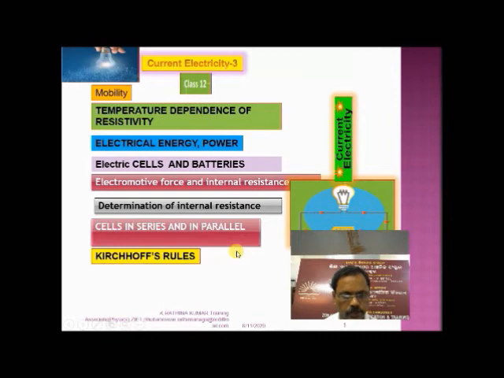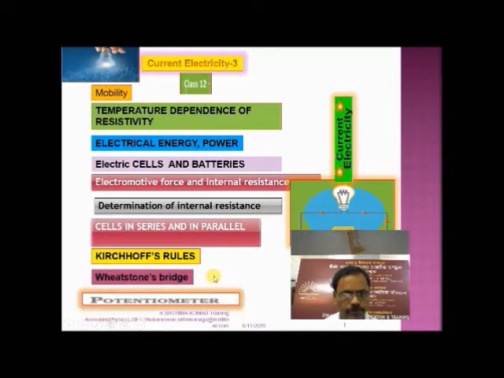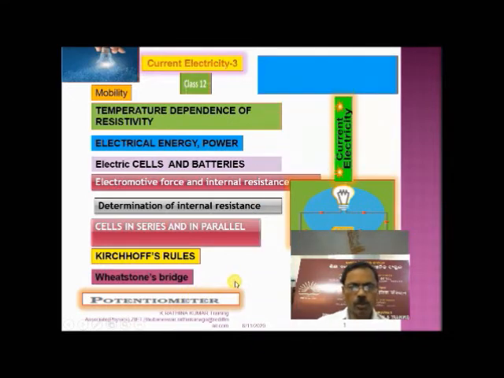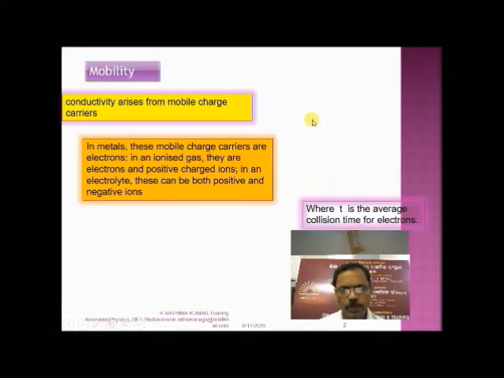Then cells in series and in parallel. Kirchhoff's rules. Then Wheatstone bridge. Then potentiometer. And last, we are going to discuss the measurement of internal resistance of a cell by potentiometer. Let us go to the next one.